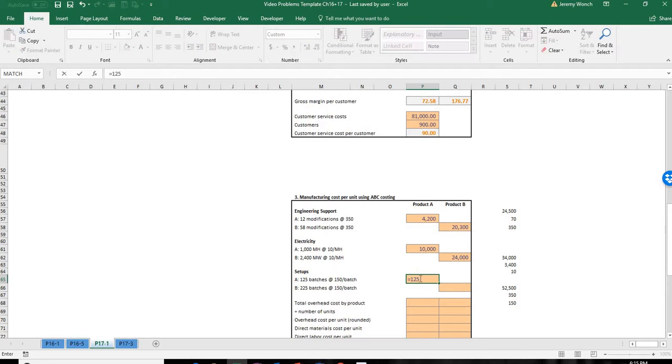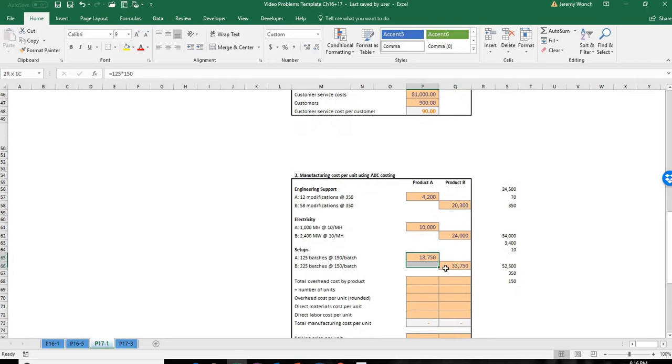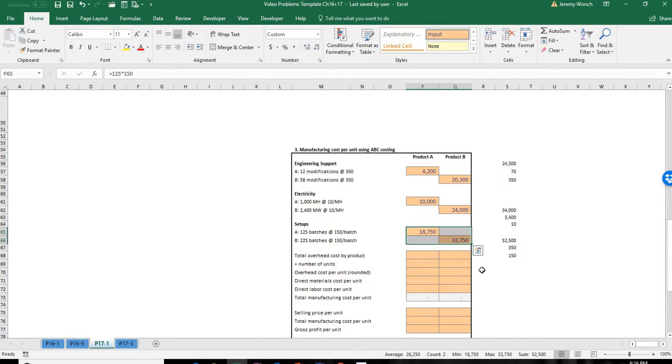So 125 batches for product A and 225 batches for product B gets us our total setup cost, 52,500. So we've accounted for all of the setup cost.